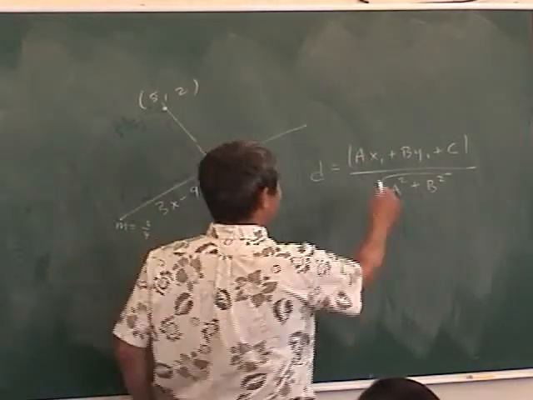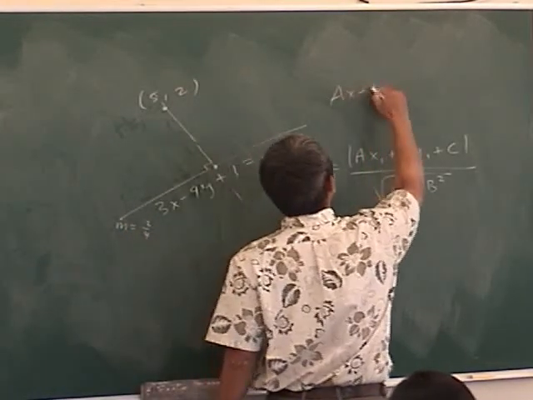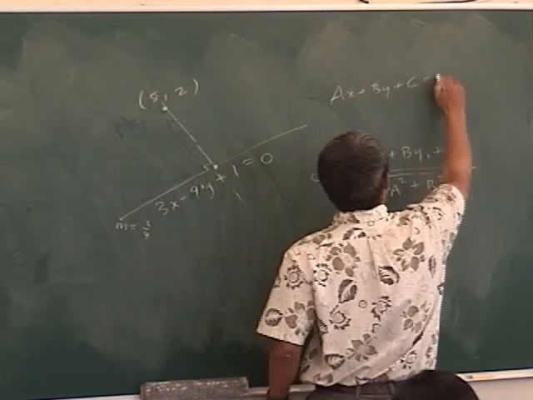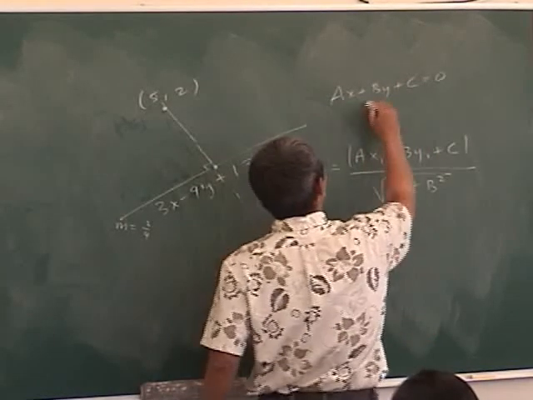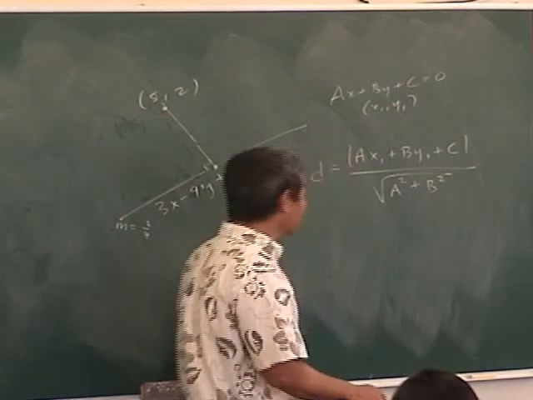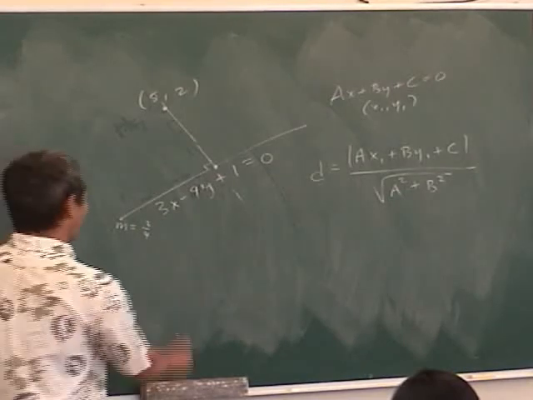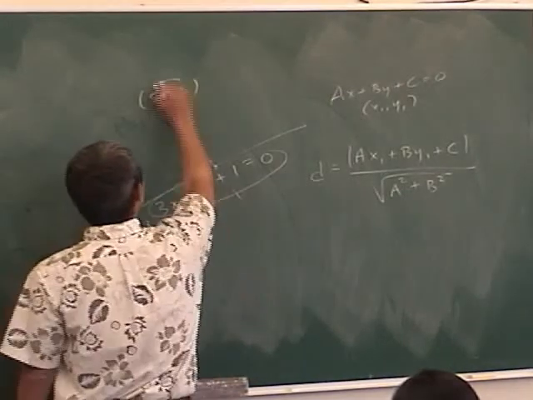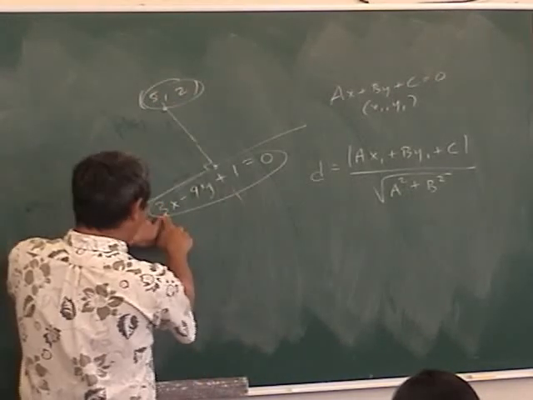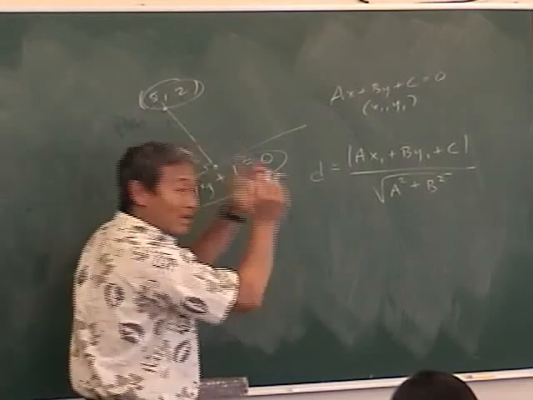Okay, so this is the formula of the distance between this line, which has to be written in general form, and the point x1, y1. You don't have to write it down, it's in the notes. I even gave you an example of how to do it too. So here's the line, here's the point. Here, this is A, this is B, this is C, this is x sub 1, that's y sub 1. You just plug and chug, there's no thinking.